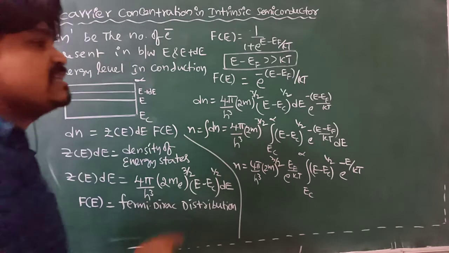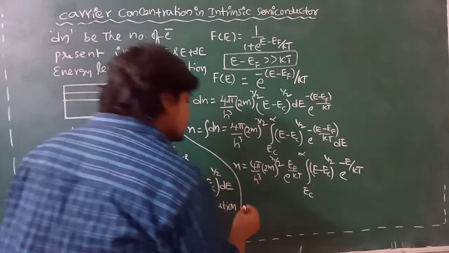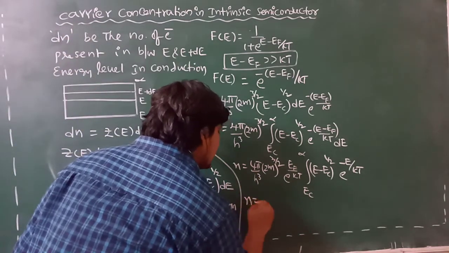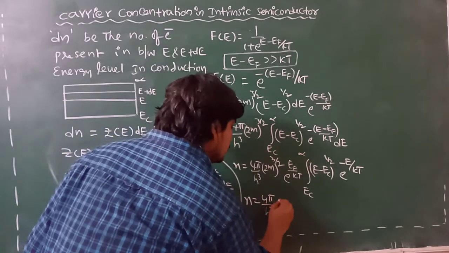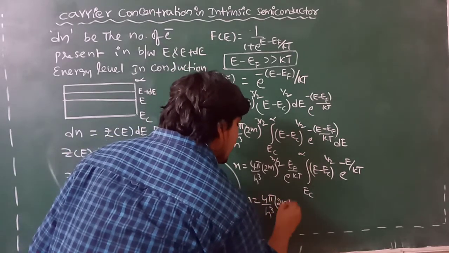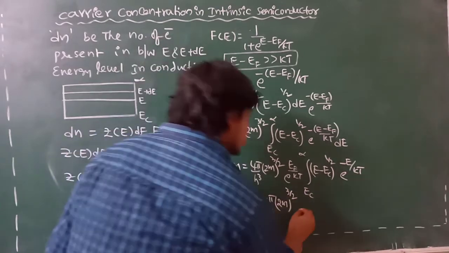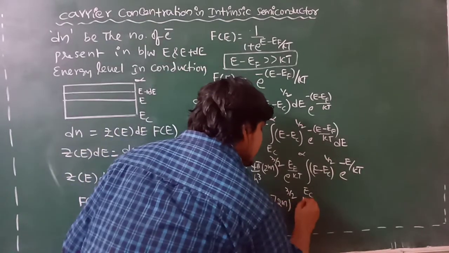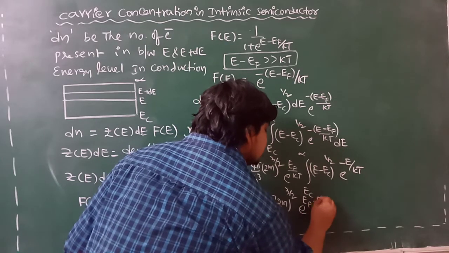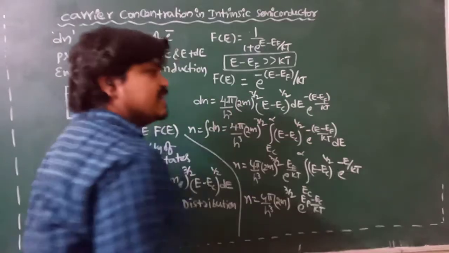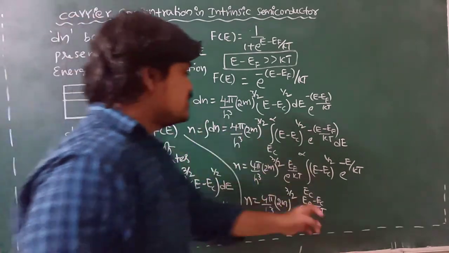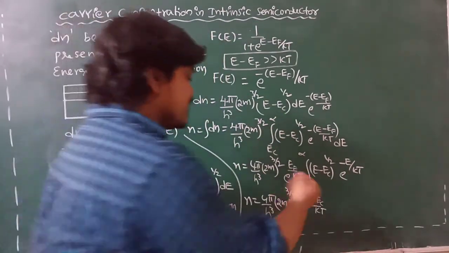So as a consequence, the equation becomes 4 pi by h cube, 2m whole power 3 by 2, e power (EF minus Ec) by kT. Here, (E minus Ec) by kT I multiplied, and plus Ec by kT I also multiplied.